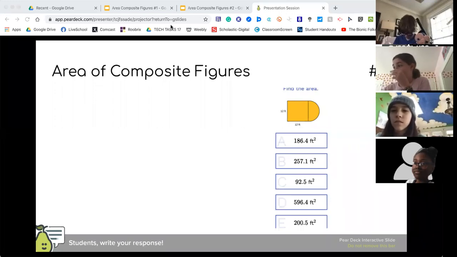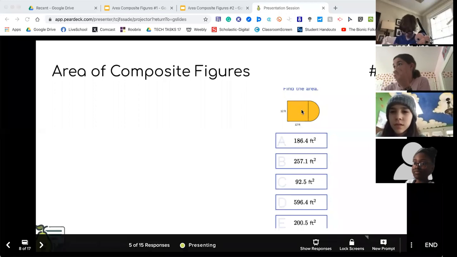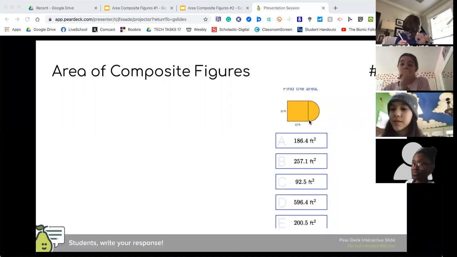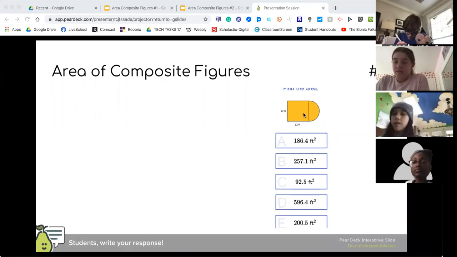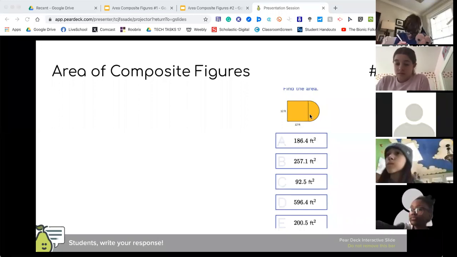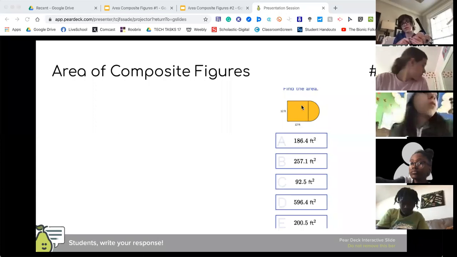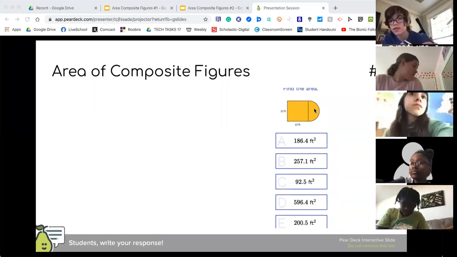Then you got to add 144 with the half circle. I know the half circle has a radius of 6 because of this 12 right here. This 12 matches over here. So is it 144 plus 144? No, it's 144 for the square, and then I got to get the half circle.